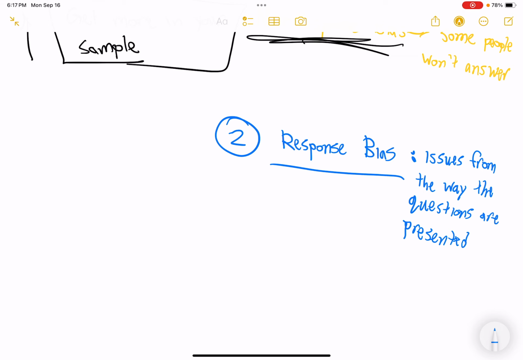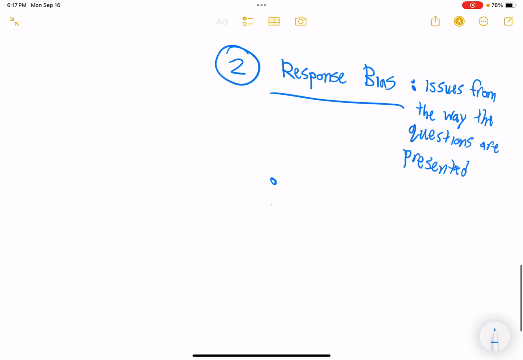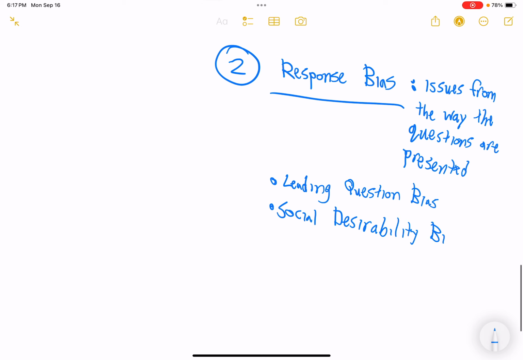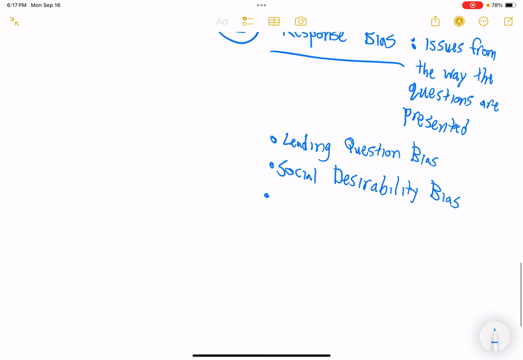So in this case, it's not having to do with who we give the questions to. It's having to do with the questions we are giving. And the 3 main examples I showed in class were leading question bias, social desirability bias, and the halo effect.